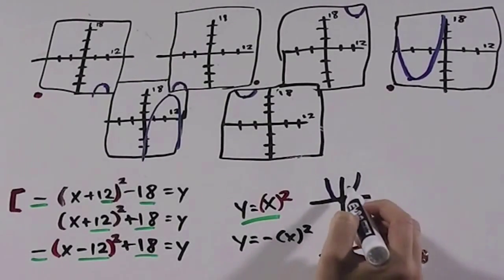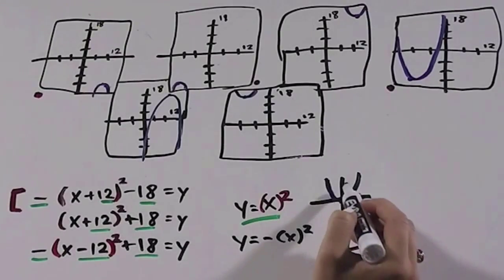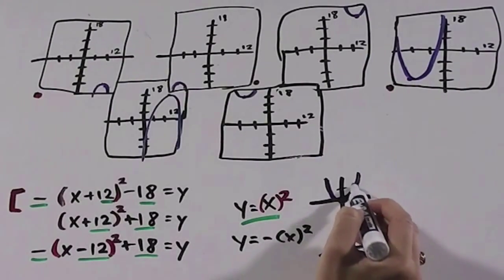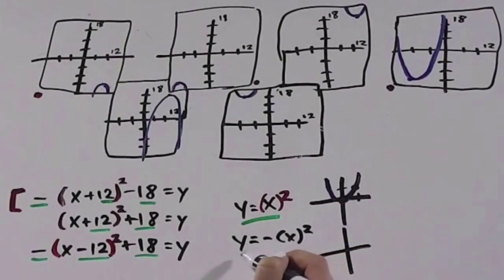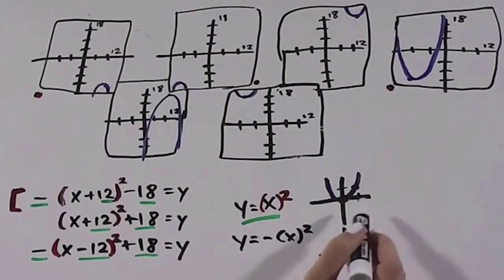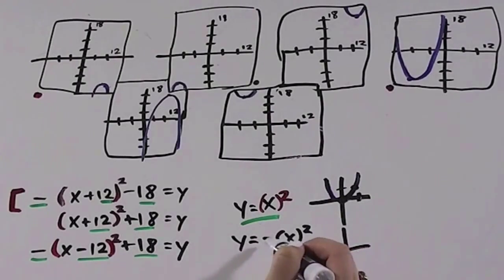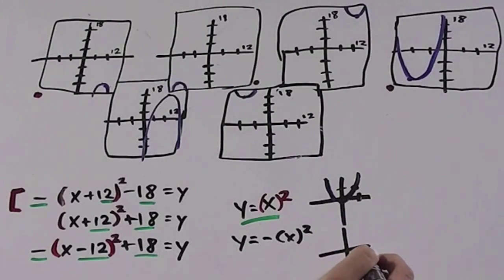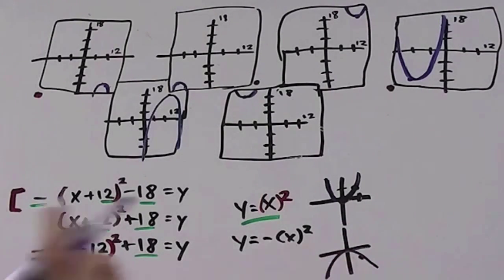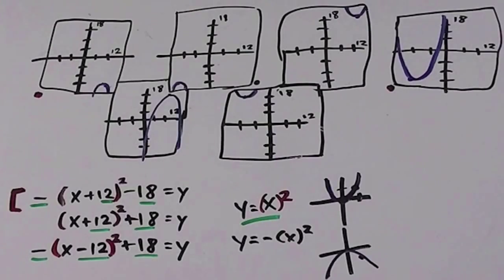For example, at x equals 1, we normally have y equals 1 as well. But if we have the function y equals negative x squared, then when we plug in 1, we end up with negative 1 for the y value, which is down here. And the whole graph looks like this.